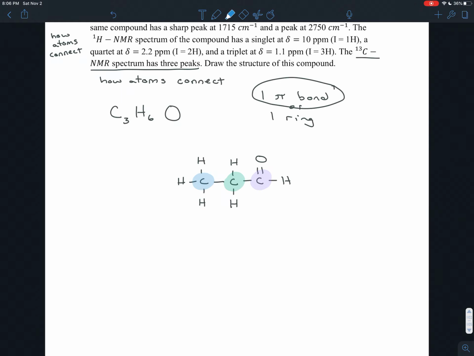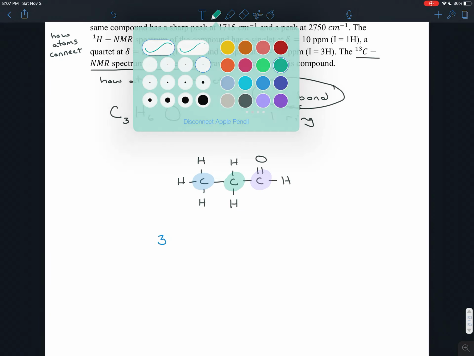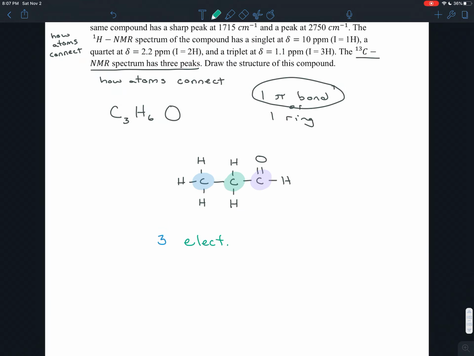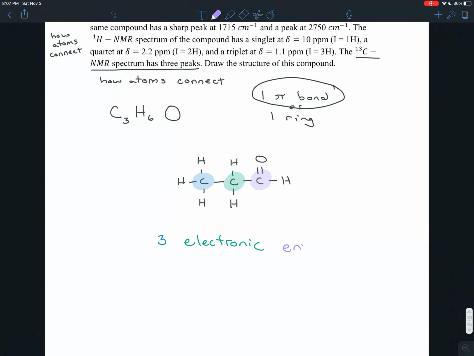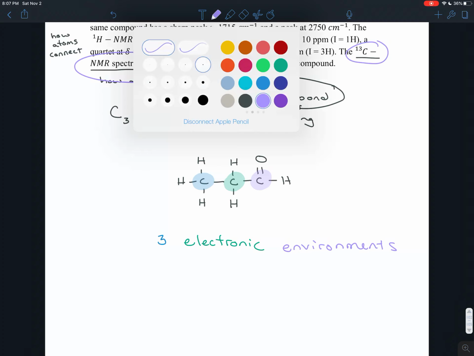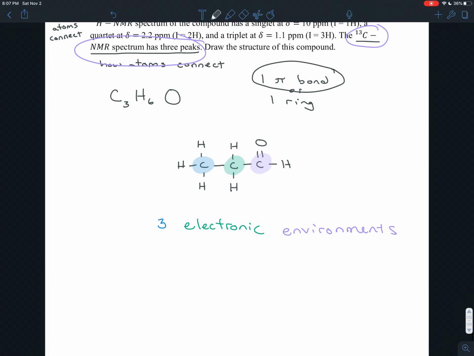In other words, we have 3 electronic environments. And that squares with the carbon-13 NMR data. So overall, the structure of this molecule will be propanal.